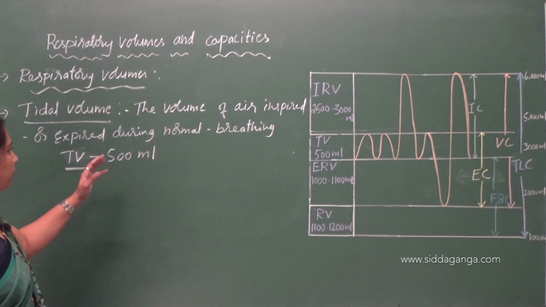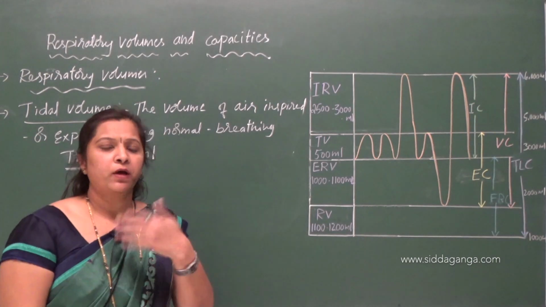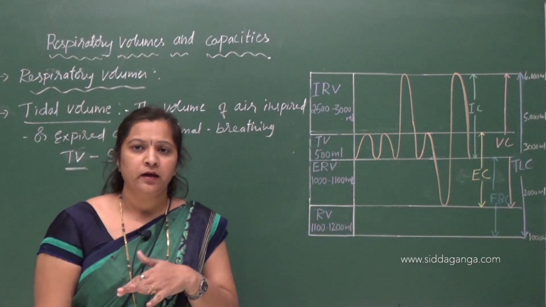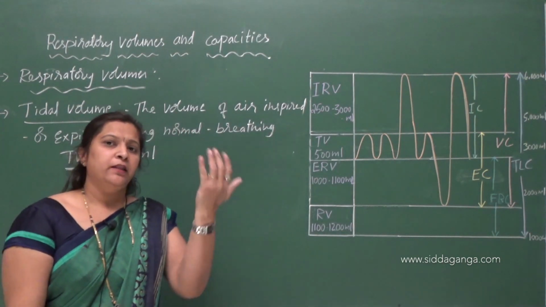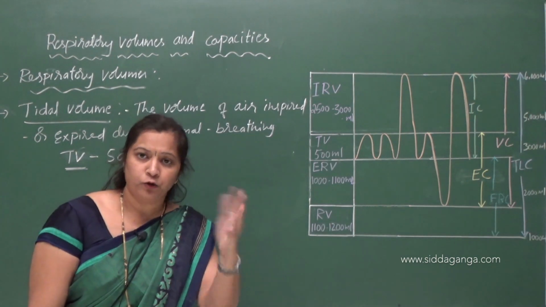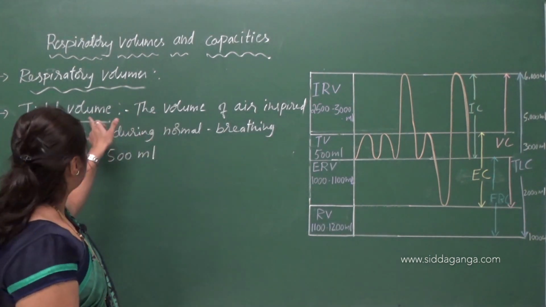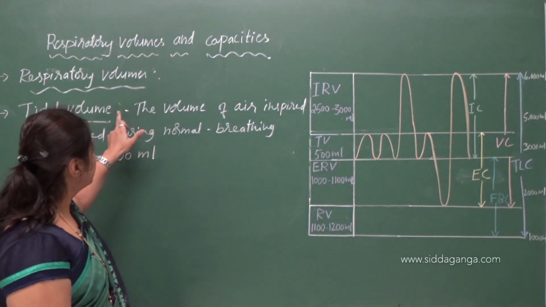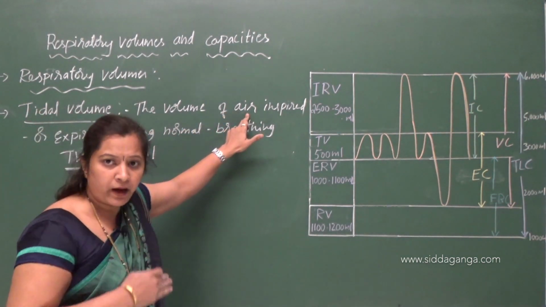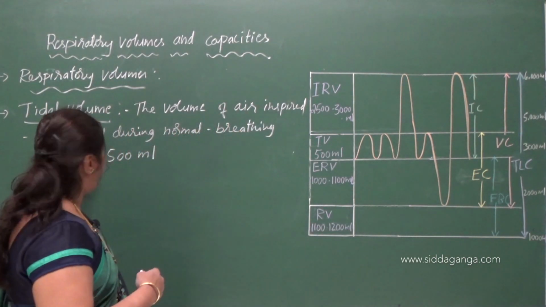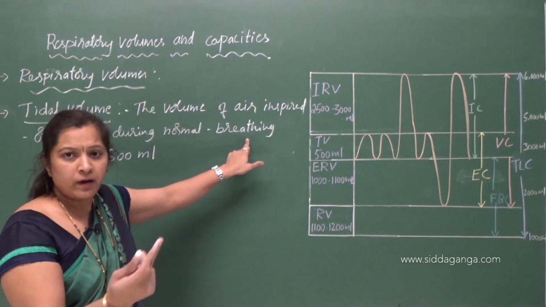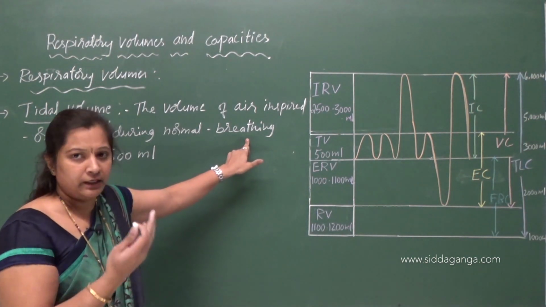During normal breathing, when we are at rest, how much volume of air enters the lungs and how much is expelled out? That is the tidal volume. Tidal volume is the volume of air inspired or expired during normal breathing.